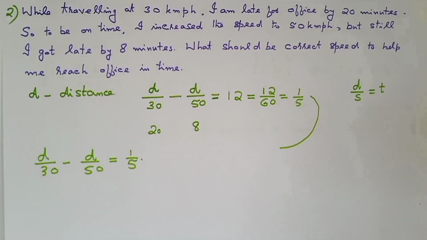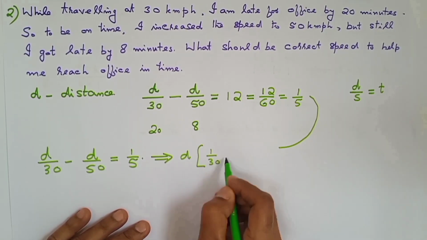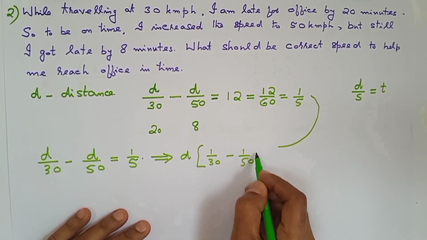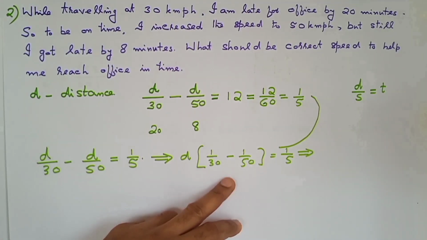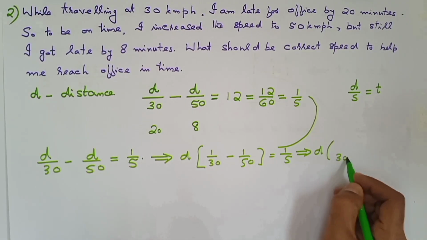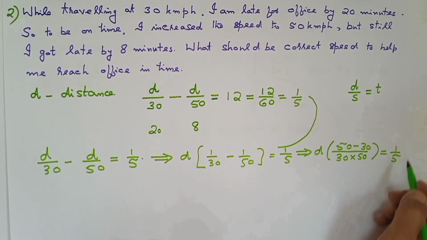So you got a simple equation with one unknown, D. You can easily solve that. D is common. 1 by 30 minus 1 by 50 equal to 1 by 5. This on simplification, 30 into 50, 50 minus 30, 1 by 5.